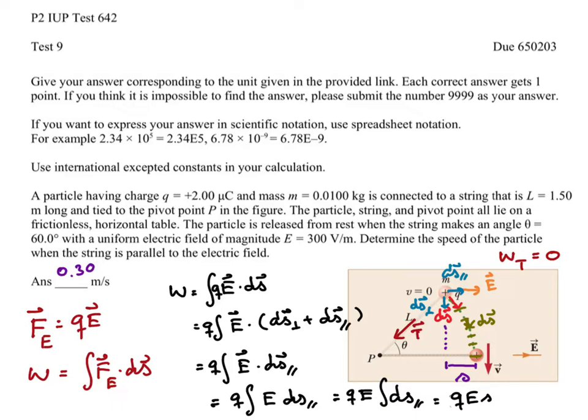Now, when we look at the vector ds, we can see that we can resolve this vector ds into two components. One component is parallel to the electric field, and one component is perpendicular to the electric field. If we call the component parallel to the electric field ds parallel, and the component perpendicular to the electric field ds perpendicular, we have ds equal to ds perpendicular plus ds parallel.